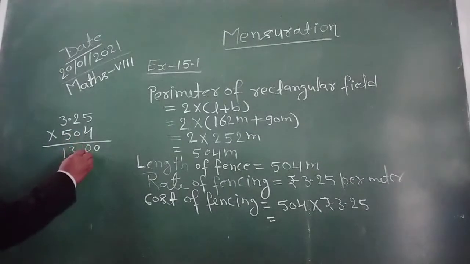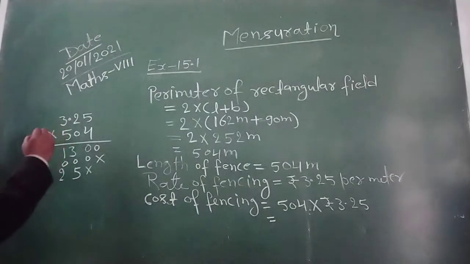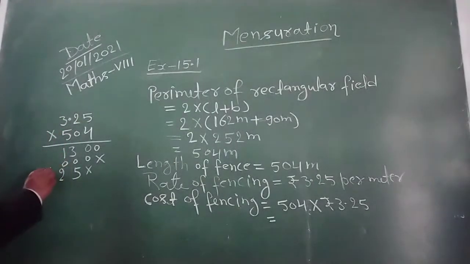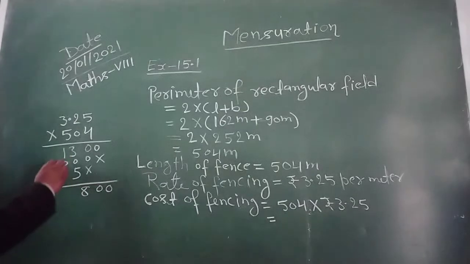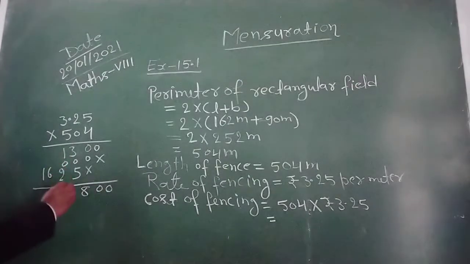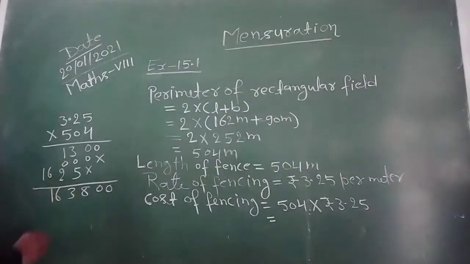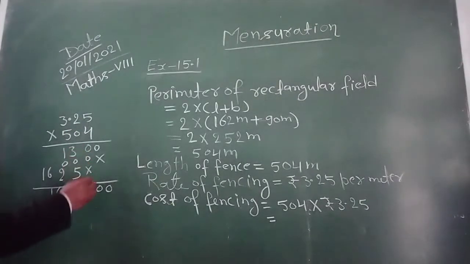Now again 0, 0, 0. Then 5 into 5 is 25, carry 2; 5 into 2 is 10, plus 2 is 12; 5 into 3 is 15, plus 1 is 16. Clear? Now we have the point after 2 digits.